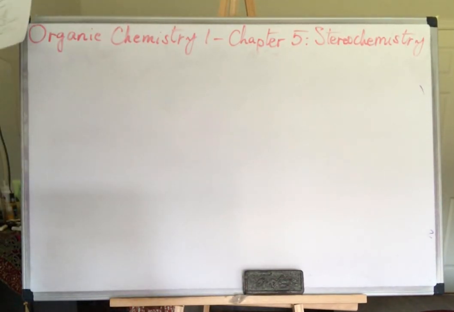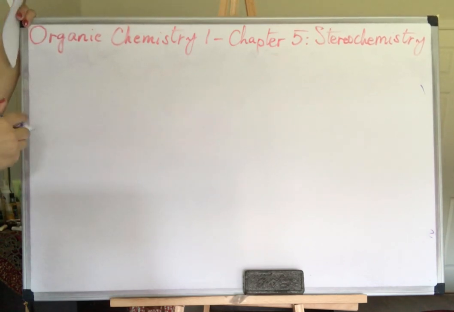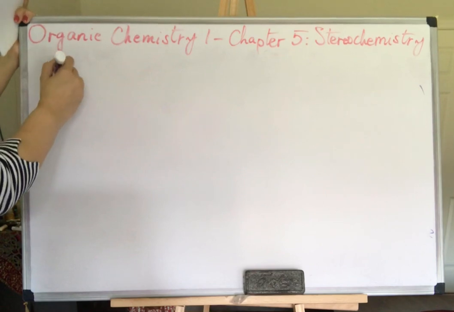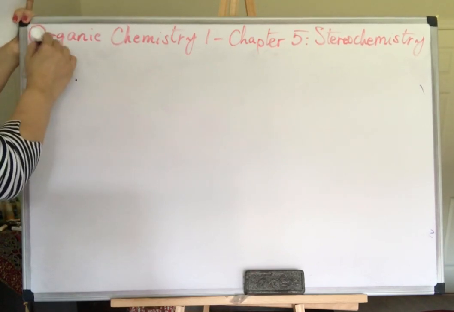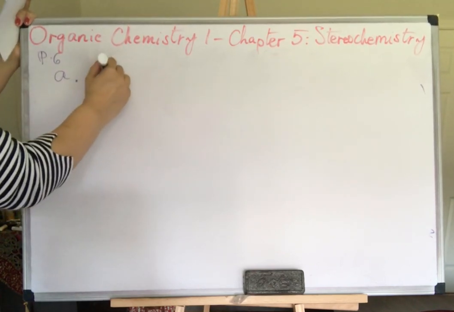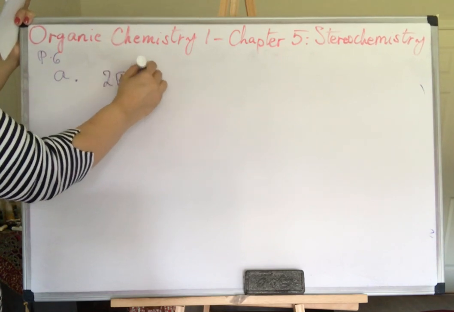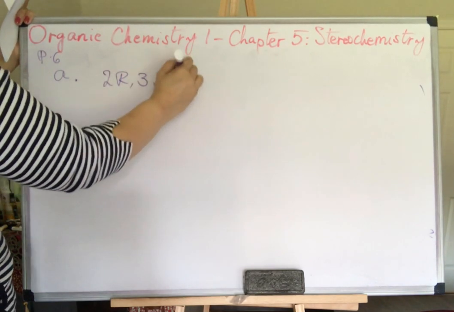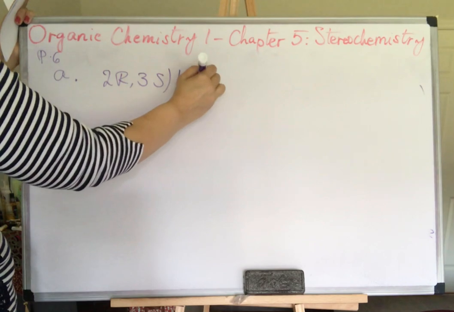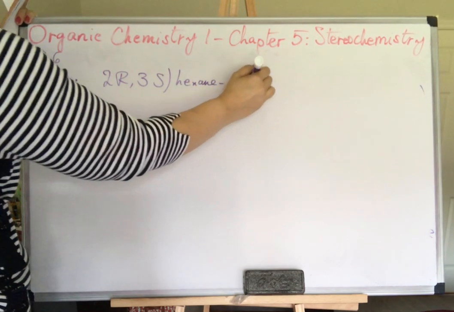It's asking you, without drawing the structure, decide if the following pair of compounds are enantiomers or diastereomers. Still page 6. 2R, 3S, hexane, 2 and 3 diol.